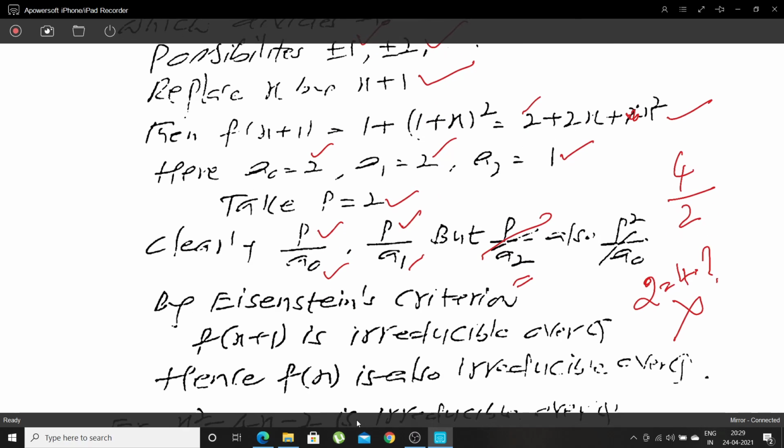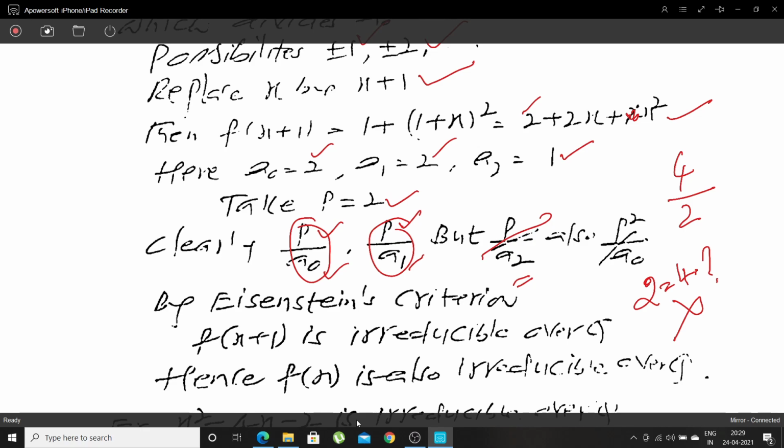Therefore, what we see is that the statement holds good. Clearly, P divides A naught, fantastic. P divides A1, superb. But P does not divide A2, and also P square does not divide A naught. That means the statement holds good.